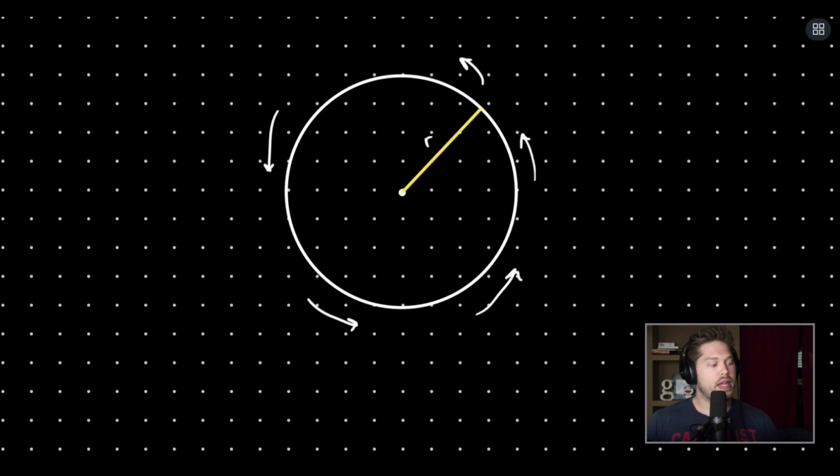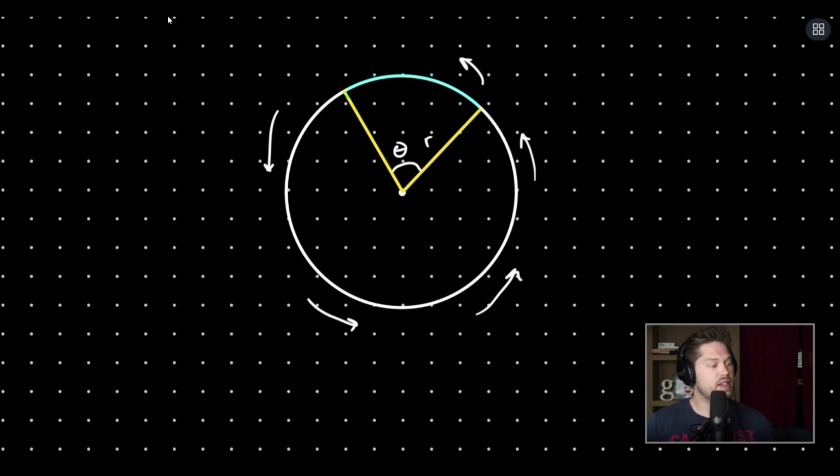Okay, from that definition, we understand that our central angle measure here, we'll call it theta, is equivalent to the distance that you traveled in your arc measure. So our angle theta is equivalent to this arc measure.